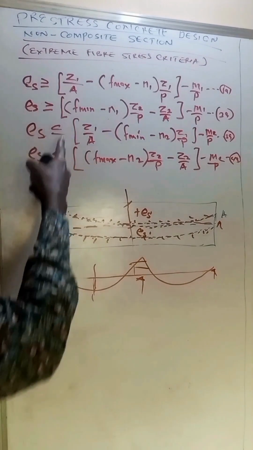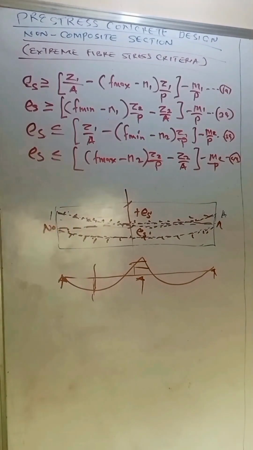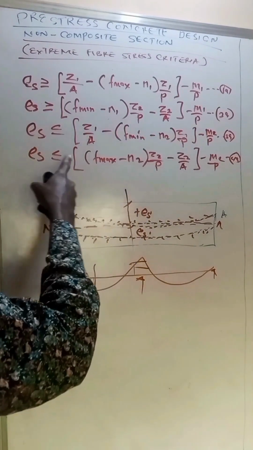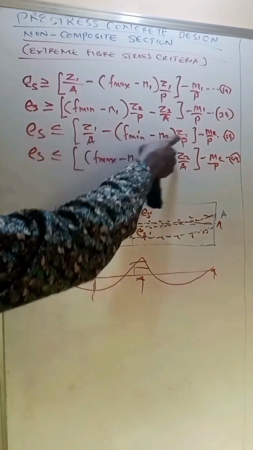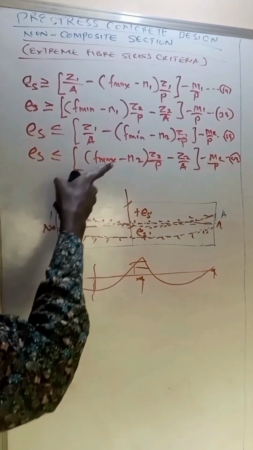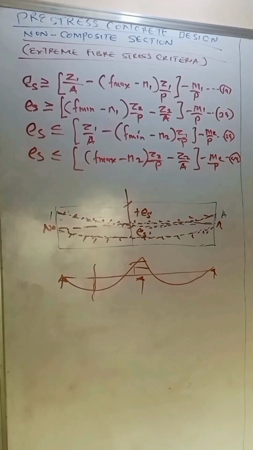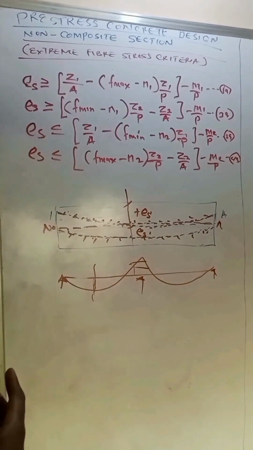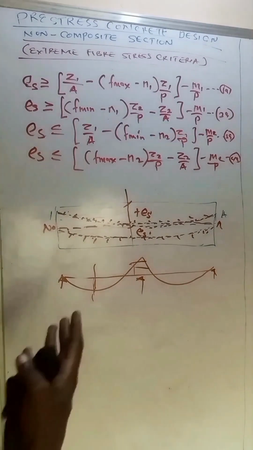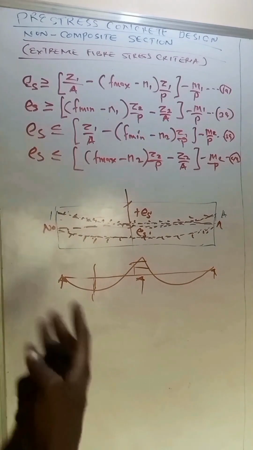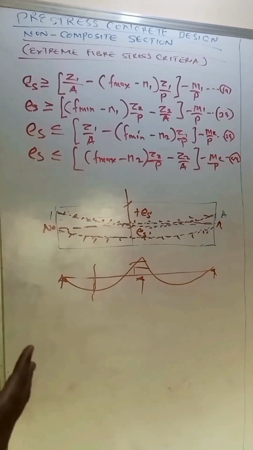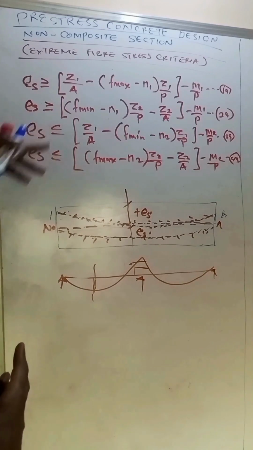Now between these two, which of them represents the upper limit? Of course, if you substitute values, you discover that equation 3a and equation 3b will have different values. Whichever produces the lower value, we can call the lower bound of the upper limit, because these two represent the upper limit.